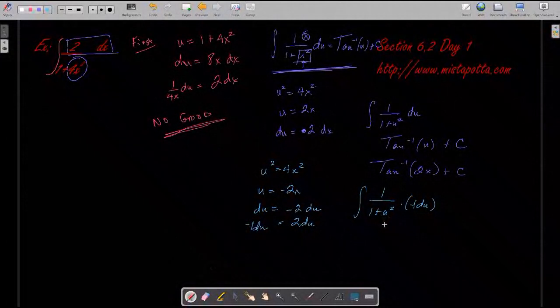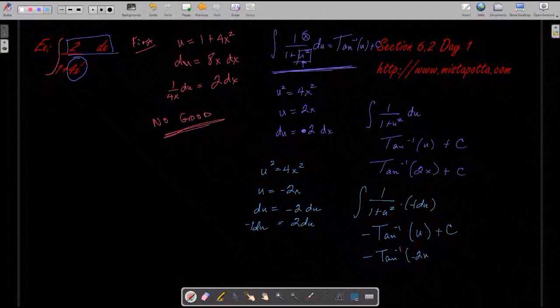So I end up with the negative tan inverse of u plus a constant, or the negative tan inverse of negative 2x plus a constant. But because tangent is an odd function, tan inverse also ends up being odd.